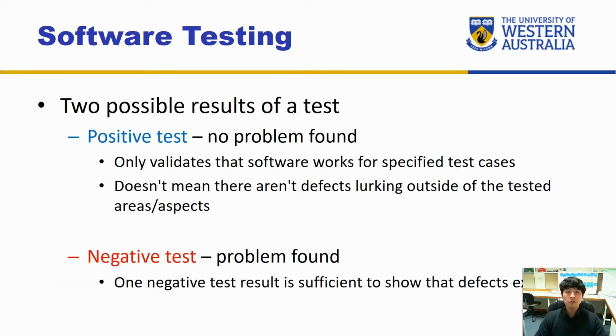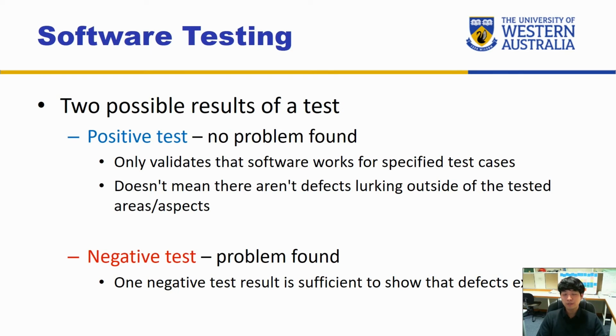When we conduct tests, there are two potential outputs. It's quite binary, really. We get a positive test, which indicates no problem found. This means we tested the ones that we know, and those have all passed. But this doesn't really mean that there aren't any defects lurking outside of the test area.